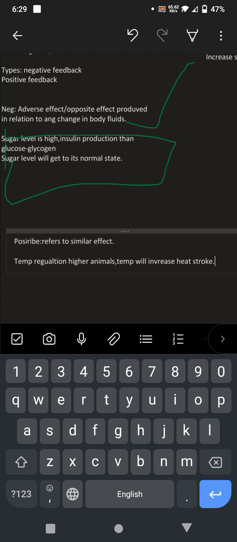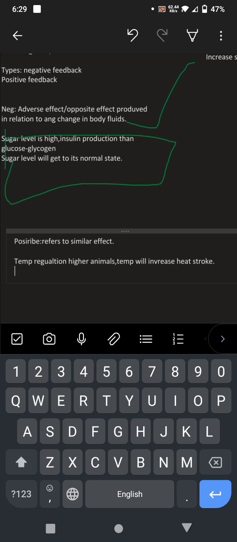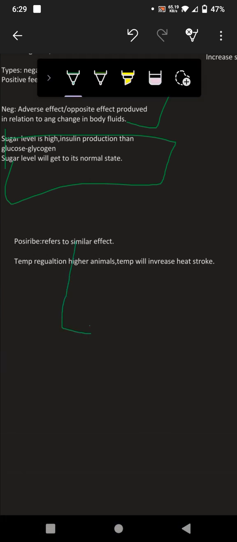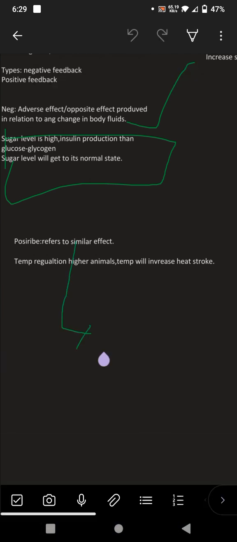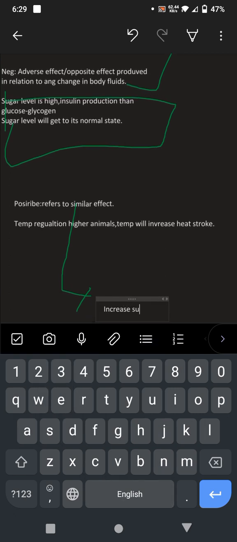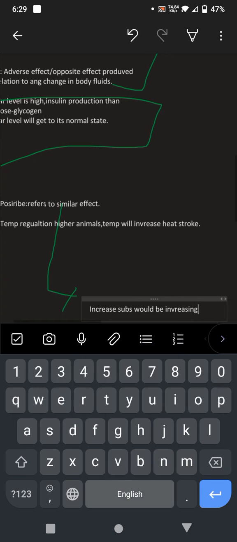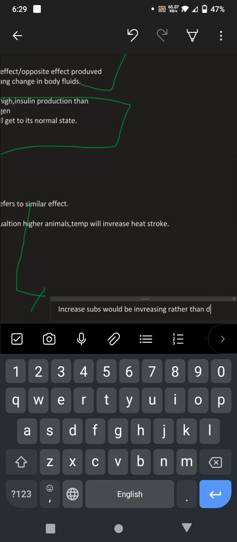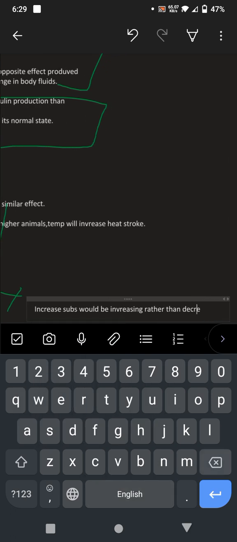If temperature is rising too much, the person will have chances of heat stroke, and it may cause some bad effects, right? So in this, the increased substance would be increasing rather than getting decreased.